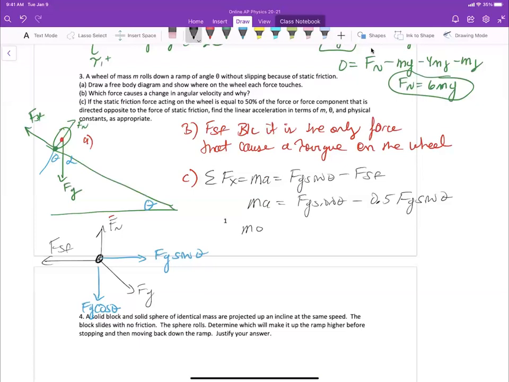We're going to subtract 1. This is an imaginary 1 right here, and this is a half. 1 minus a half is a half. So we get m times acceleration equals 0.5 times Fg sine theta. What is Fg? That is mg. Cancel the m's. Find acceleration to be equal to 0.5 g sine theta.